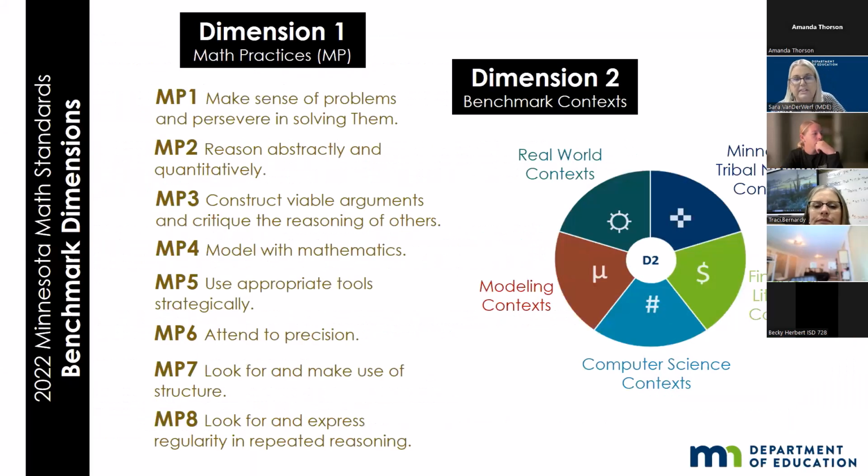One of the things in the front matter that they decided to include in our standards moving forward are 2 different dimensions. This school year, 24-25, we're going to focus on the first dimension, the math practices. Next school year, next fall, we'll be working on and having a lot of professional development around dimension 2 and the benchmark contexts that are going to be in our standards.